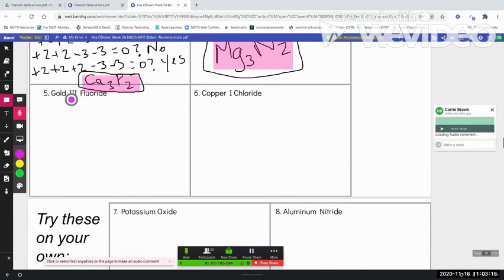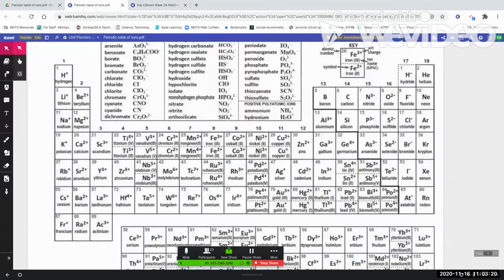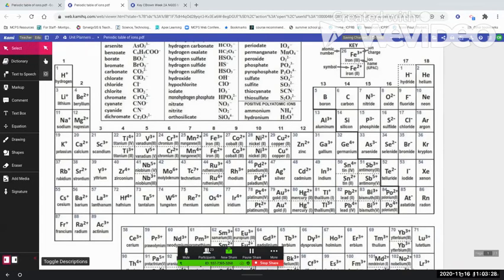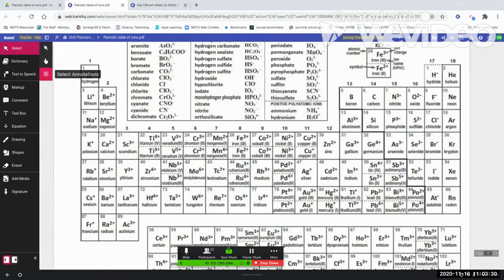So notice here, the middle block, like groups 4 through 12, and even some into 14, 15, 16, they have certain elements with multiple charges.